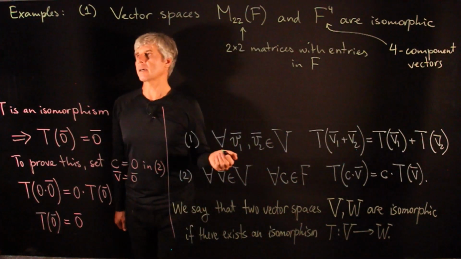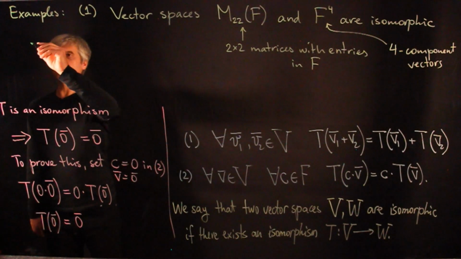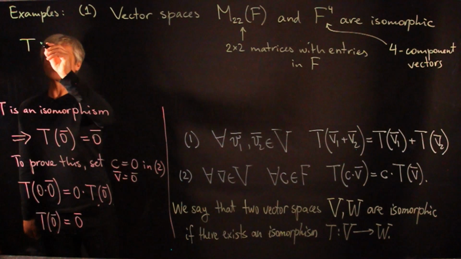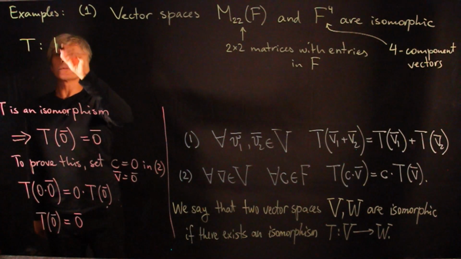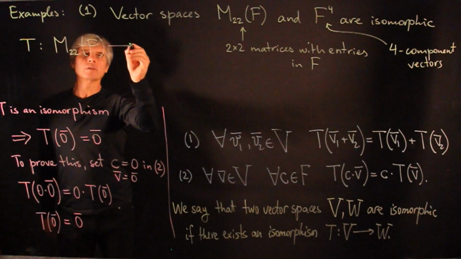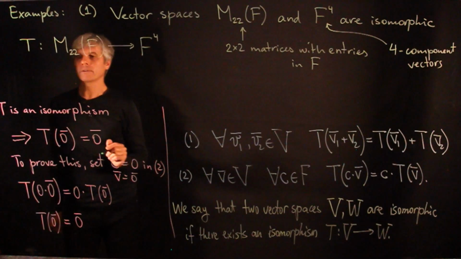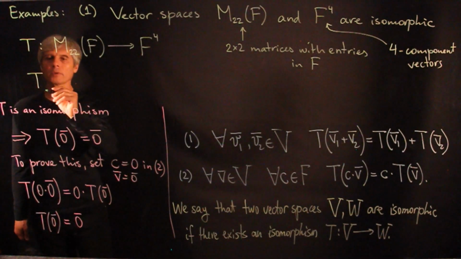So let us construct an isomorphism between these two vector spaces. So we need to construct T from M22 of F to F4. And we define this in the following way.